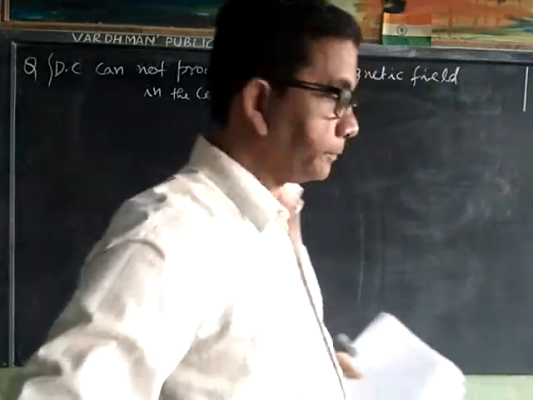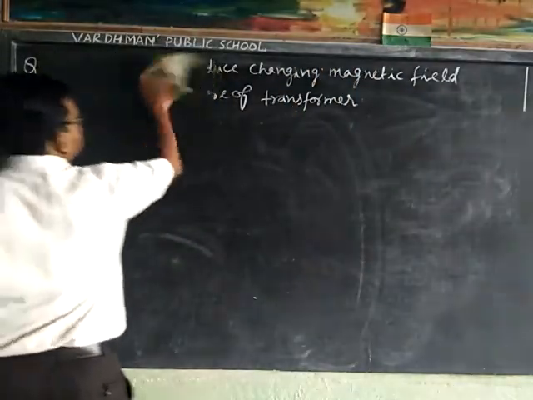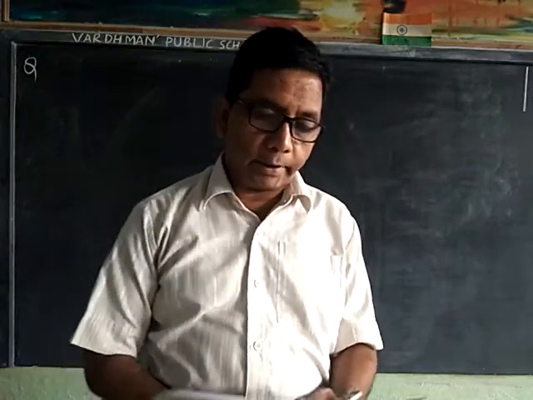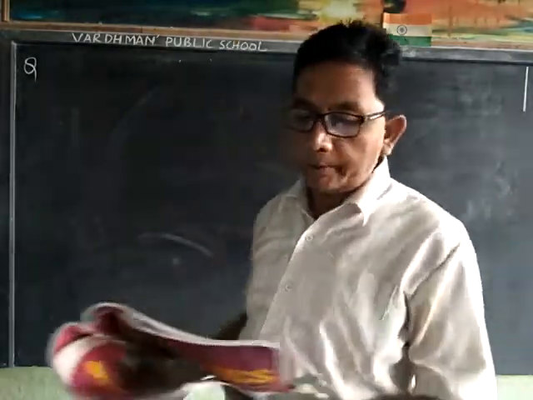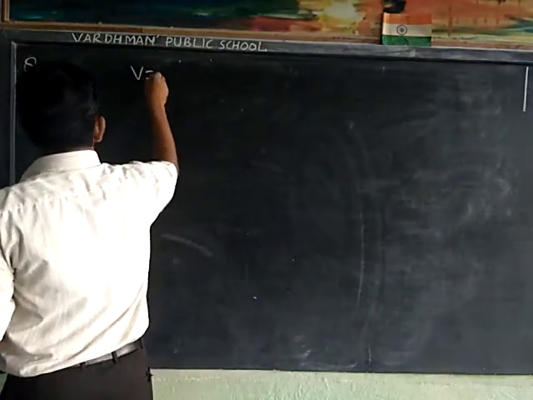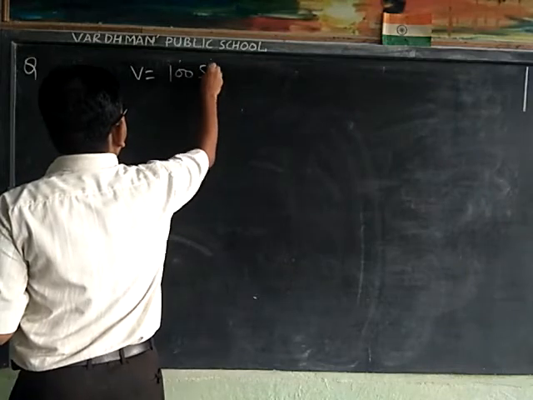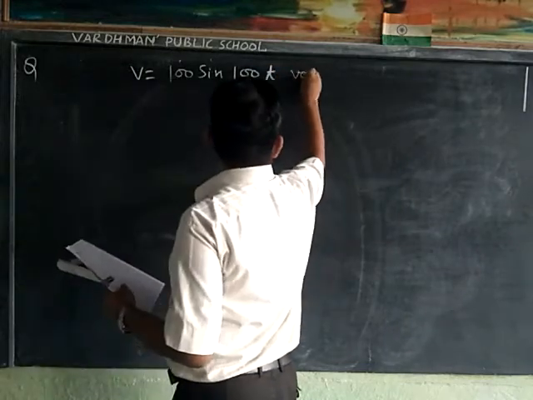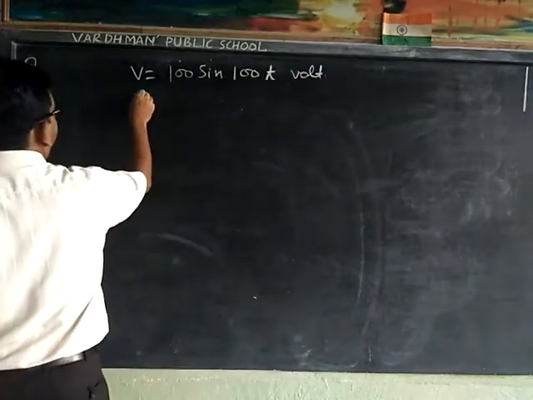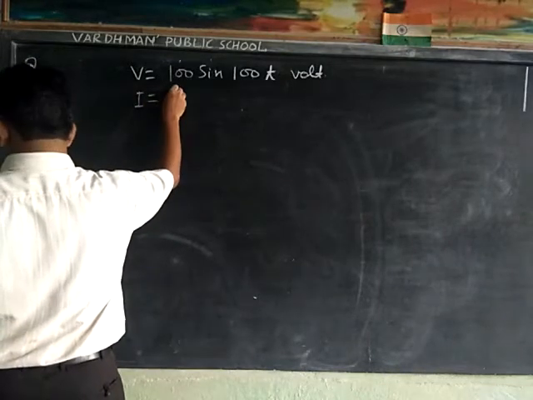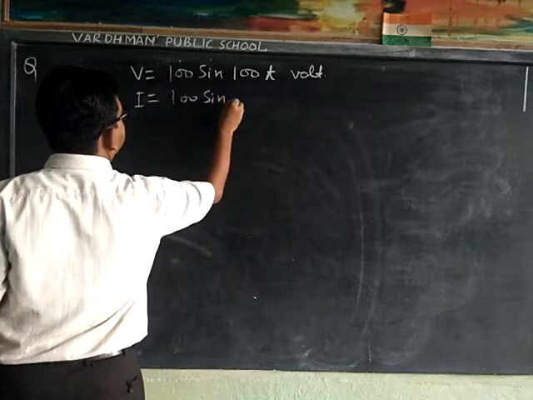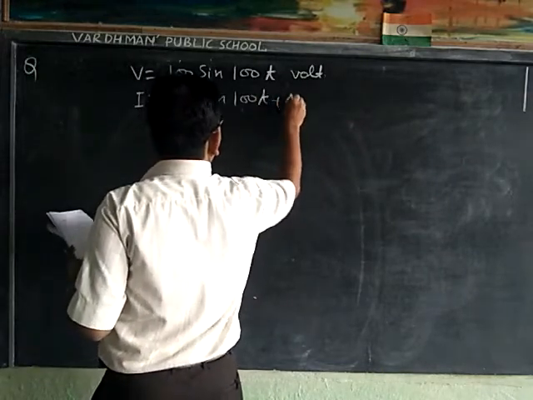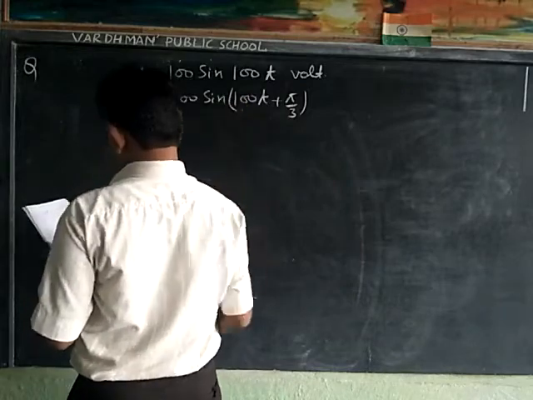Our first numerical is: in an AC circuit, V and I are given by V is equal to 100 sin 100t volt and I is equal to 100 sin(100t plus pi by 3) ampere.